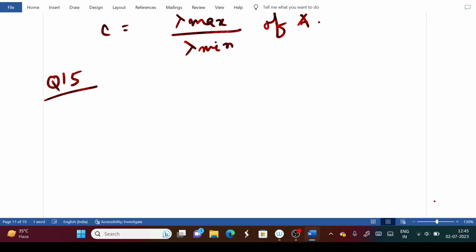Find out the eigenvalues, condition number, and norm for the given matrices. Question number 15: A is equal to [100, 0; 0, 2].